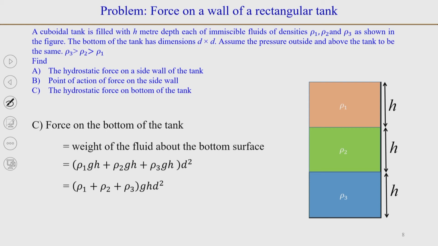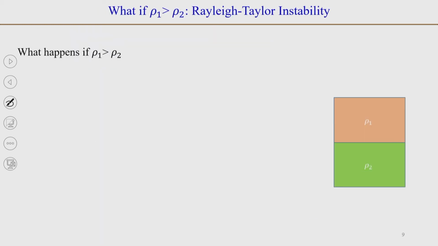Okay. So, in this we have an assumption that the heaviest fluid, which is rho 3, is at the bottom, and then the next heavier fluid, and then the lightest fluid rho 1 at the top. Now, it is of course obvious what will happen if we do not have such an arrangement, if the fluid at the top is heavier than the fluid at the bottom.